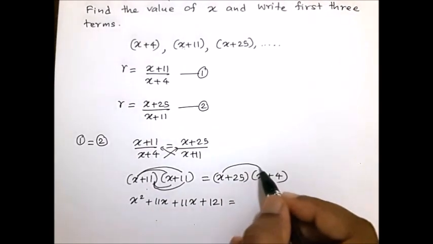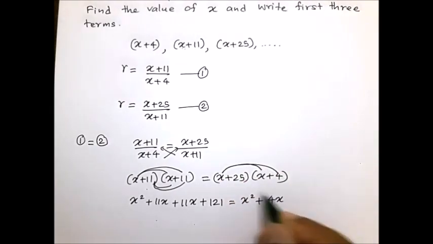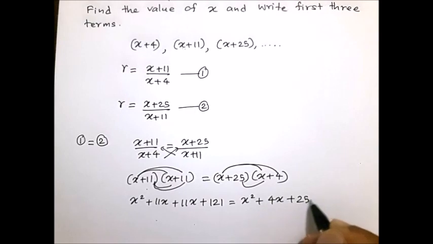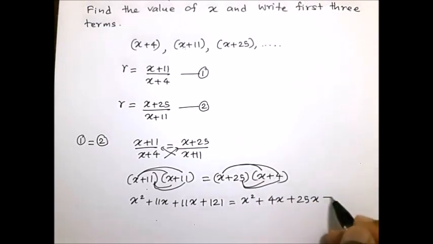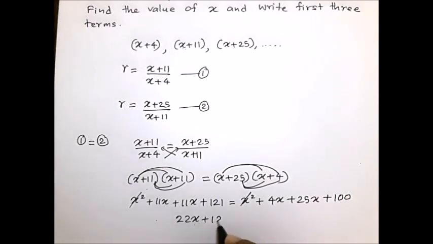Then remove brackets on the right hand side. x², 4x, 25x, 25 times 4, 100. Now simplify these terms. x² and x² you can cancel. Here 22x + 121, and 29x + 100.